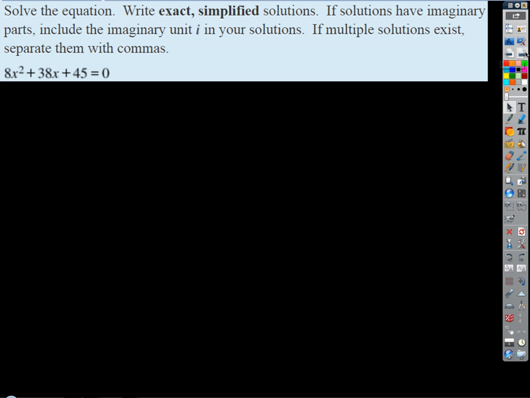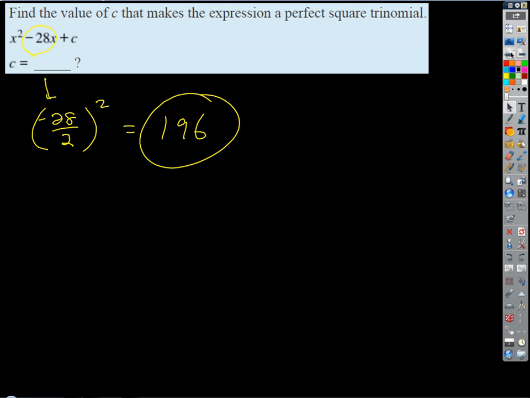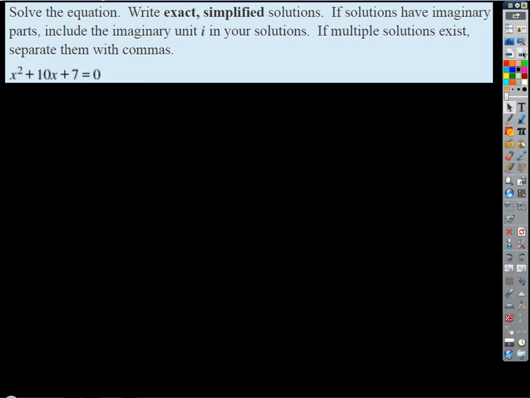Okay, what about this? Solve the equation. It wants you to find exact simplified solutions. Once again, normally, like next year, it'll say find the real solutions. So what about this then? How are we going to solve this one? Quadratic formula.